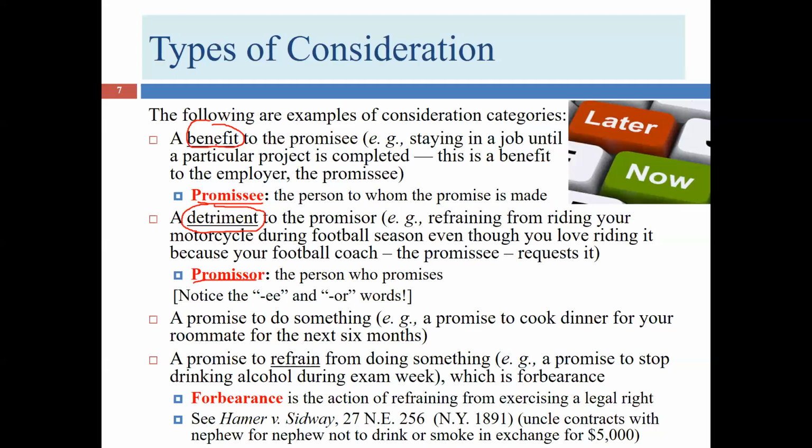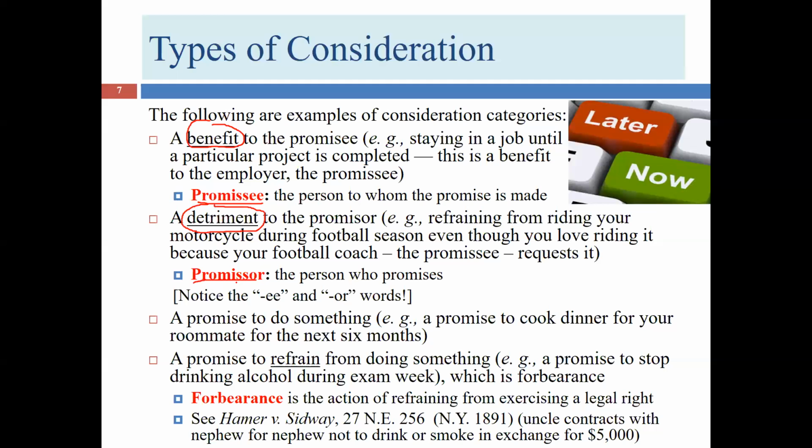Well, that is a detriment to me. I now cannot chew bubblegum for 30 days. It's a detriment to me even if I never chew bubblegum. Even if I have never in my entire life chewed bubblegum, it is still a detriment to me. I have the legal right to chew bubblegum, and now I'm choosing to forego that right. And so that would be a detriment to me, and I'm the one making the promise not to chew bubblegum.